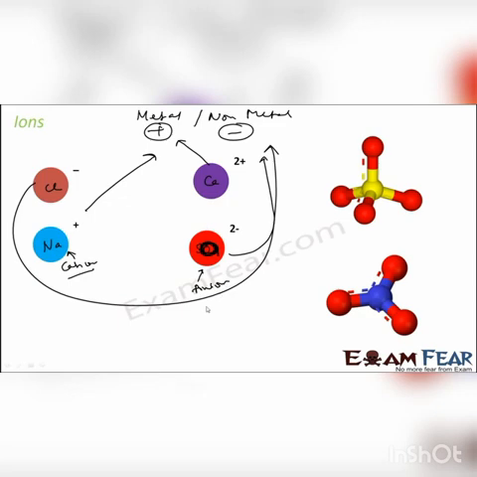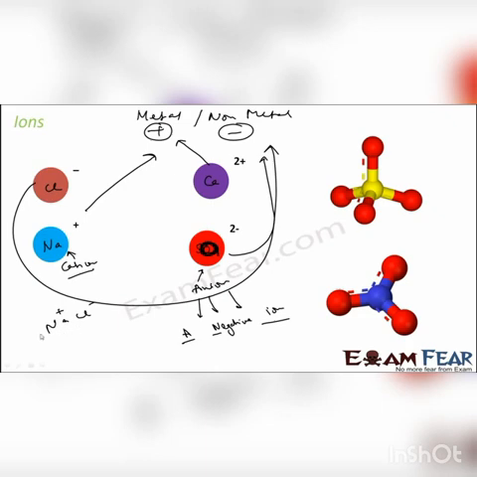Anion is a negative ion. So if you take a negative ion, it becomes anion. Okay, so for example, if I have NaCl, it will have Na plus and Cl minus. If you take sodium chloride, it is common salt.